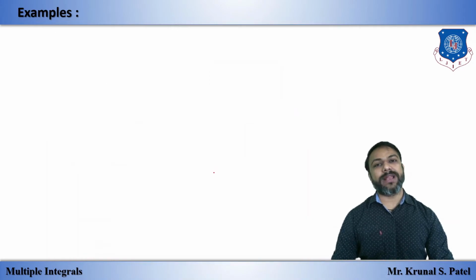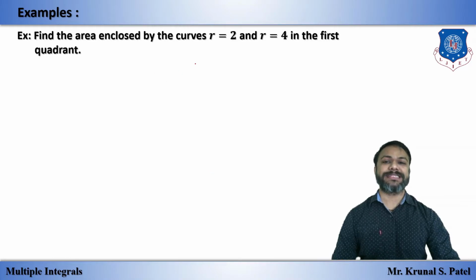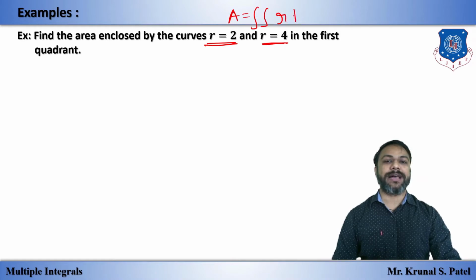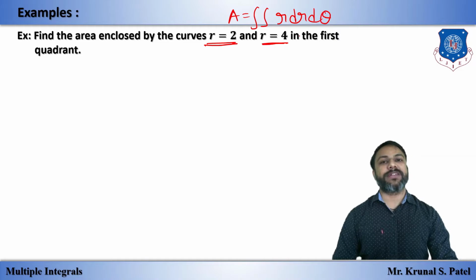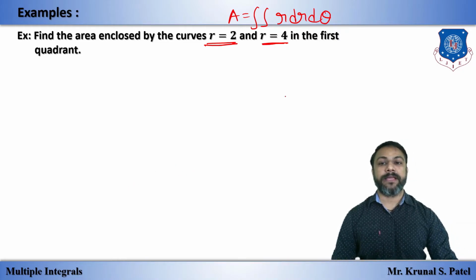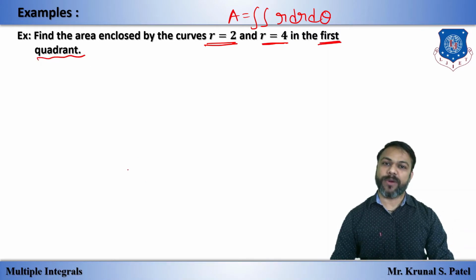Okay, now one more example, but this example is given in polar form. So we will use the formula A is equal to double integration r dr d theta. For that we have to find the limit of r and the limit of theta in the first quadrant only, that is the positive quadrant.